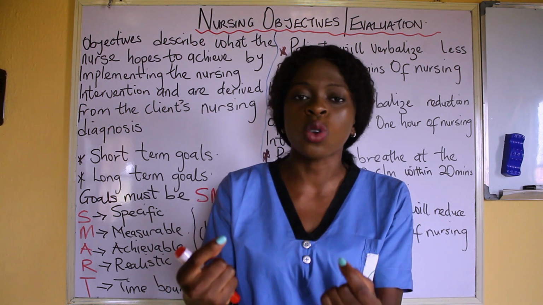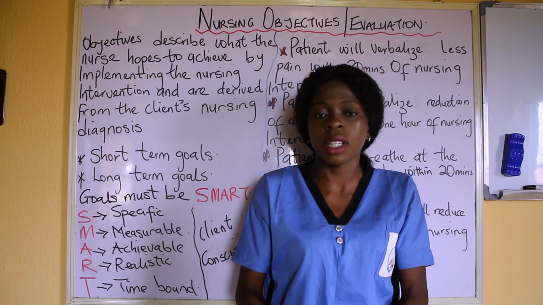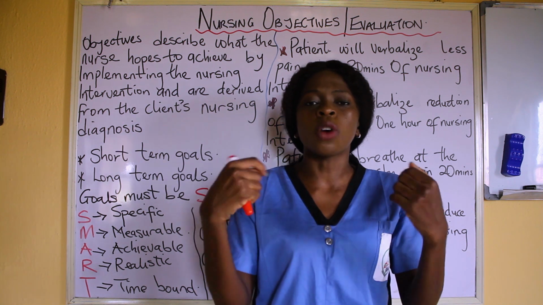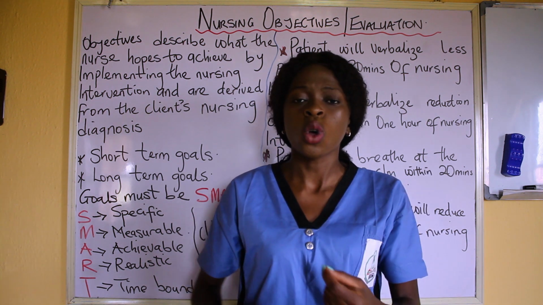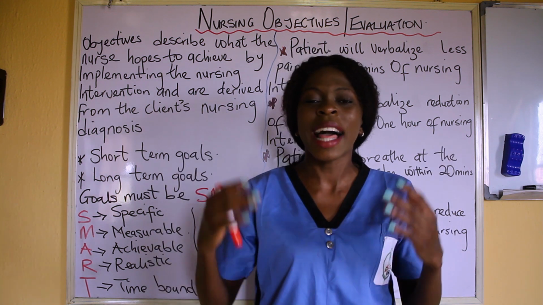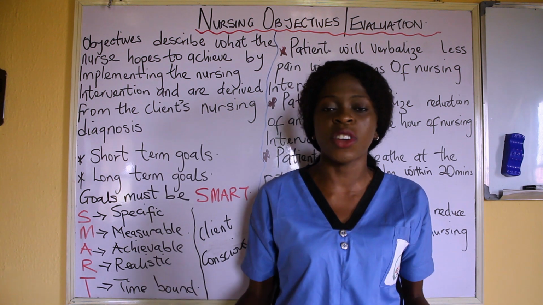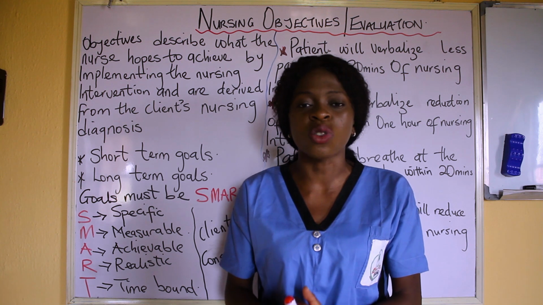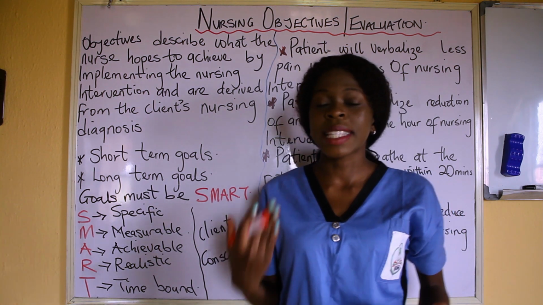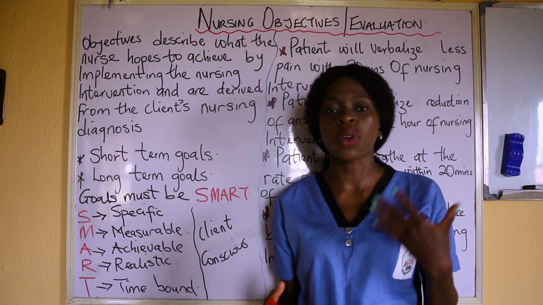My objective is going to be, I'm going to reduce this patient's temperature. Do you understand now? So whenever you hear nursing objective, it's simply what the nurse hopes to achieve at the end of a particular nursing intervention. And this is usually derived from where? The nursing diagnosis.